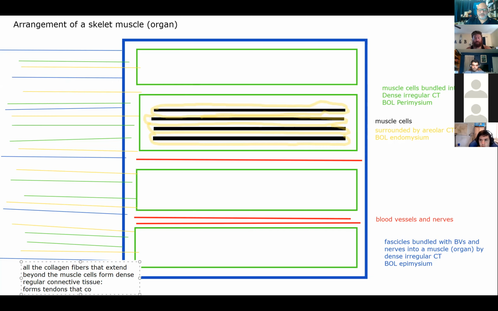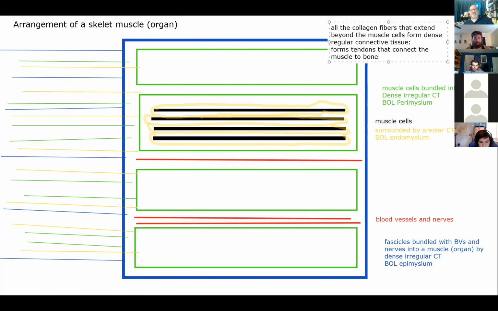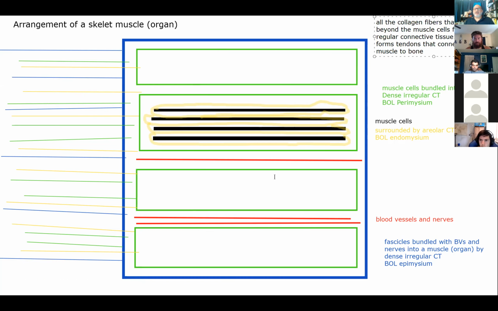What do those tendons do? Attach muscle to bone. Exactly. They form the tendons, and I'll just stick this up here so it's out of the way. All those collagen fibers that come out are going to form the tendon that are going to connect this muscle to the bone.